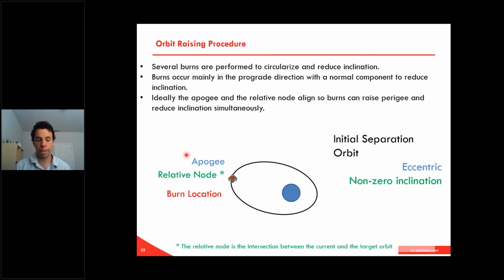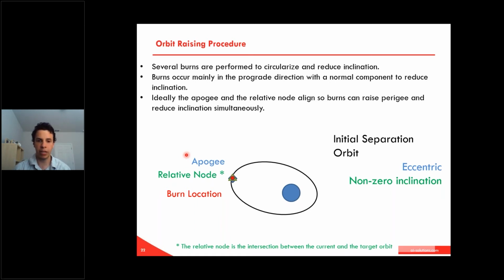As I mentioned before, the preliminary ascent planner has a very simplified version of orbital mechanics. Next, we go to a higher fidelity model, where we model more perturbations, and ideally we want to model each burn to occur at both apogee and the relative node of the orbit.